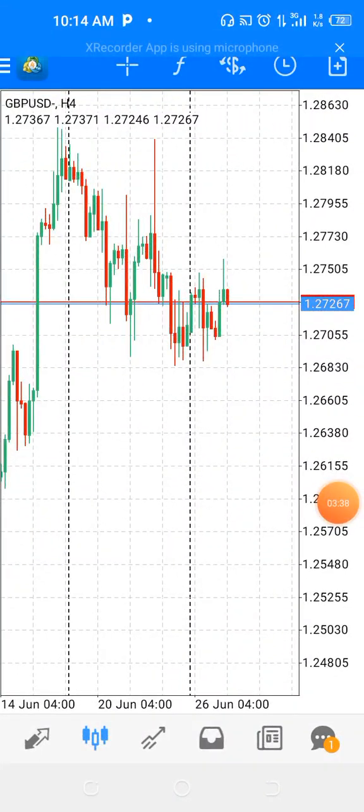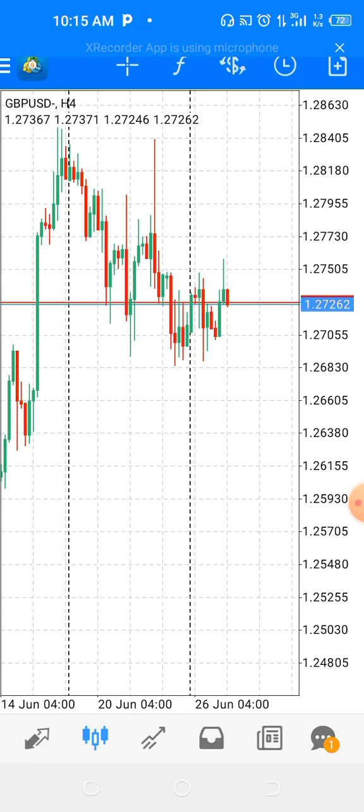Now, how do we spot a trend? How do we determine what the trend is, if the market is going up or down? We identify trends when you see a series of swings that form a structure of higher highs and higher lows, or lower highs and lower lows.